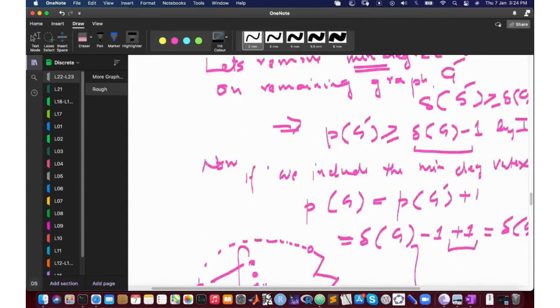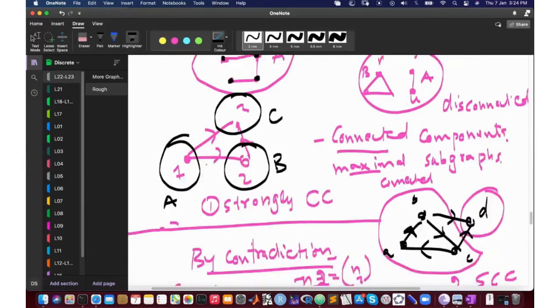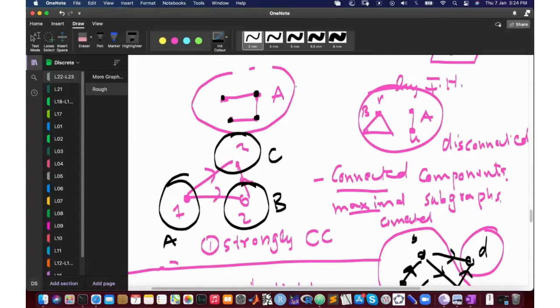Okay, where was that graph? So for example, in this graph, what is the diameter? 1. Turns out the diameter of this graph is infinite, because there is a vertex which takes an infinite amount of time to get to another vertex. Only one vertex? Yes.